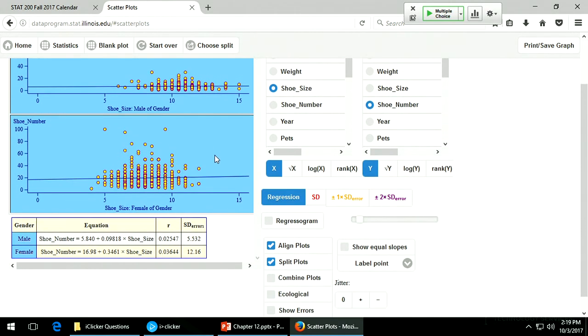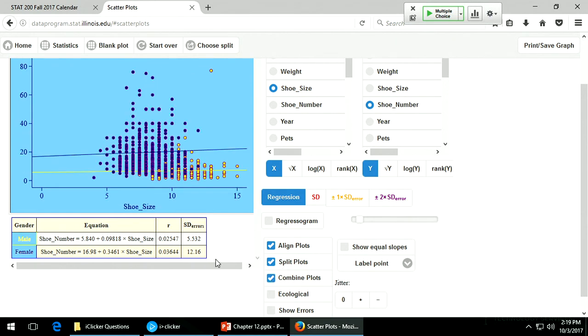And we said, okay, what's going on here? When we combine the plots, you can see that the purple is girls. There's a lot more girls in the class, and they tend to have more shoes and smaller feet, and the boys are the yellow right here. And these are the regression lines, and that's the idea.